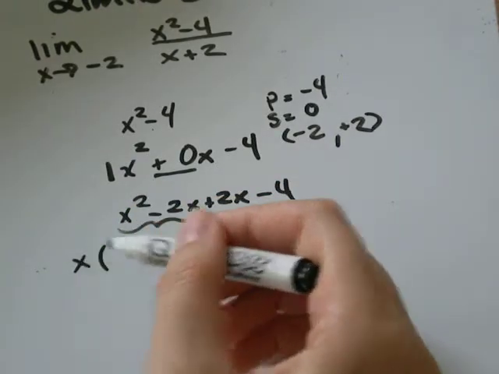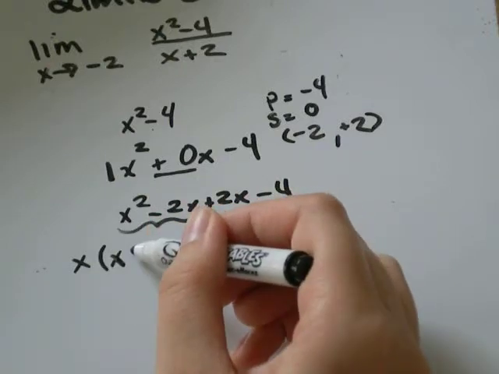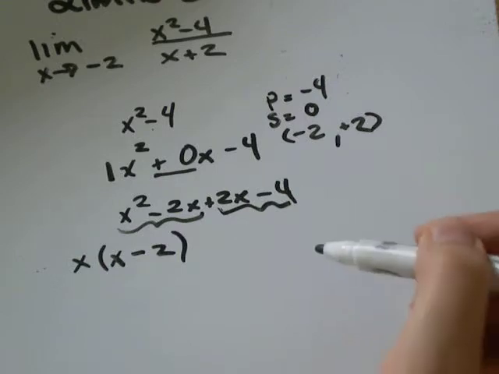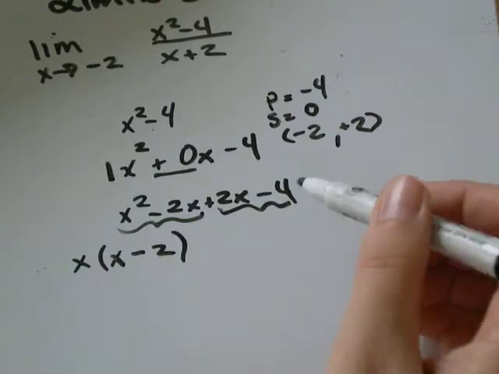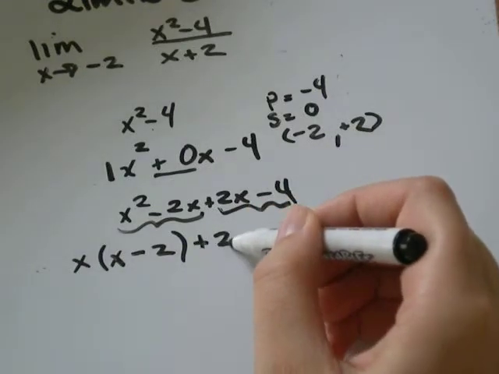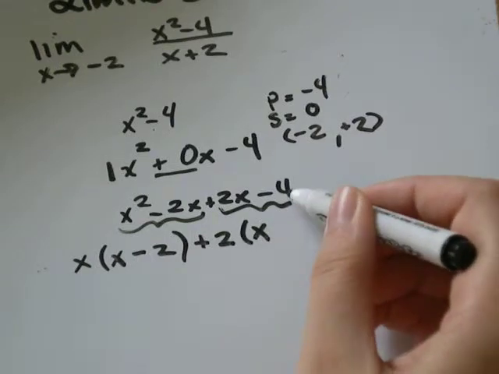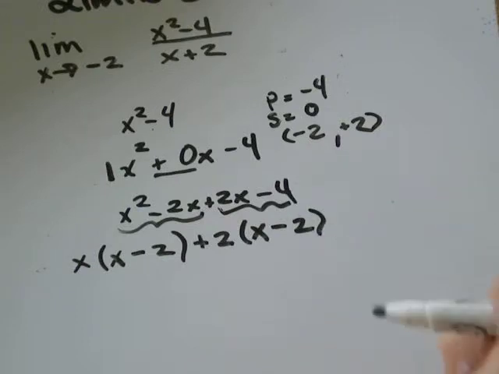X squared divided by x would just be x, and -2x divided by x would be -2. Then I look at my second two terms, 2x minus 4. Both 2 and 4 are divisible by 2, so I'll factor out a +2. 2x divided by 2 would be x, and -4 divided by 2 would be -2.